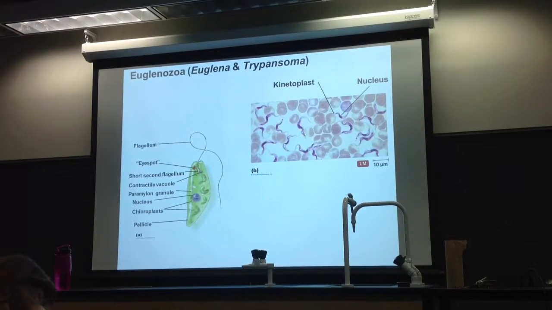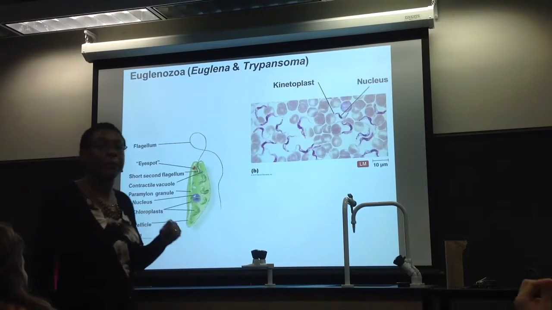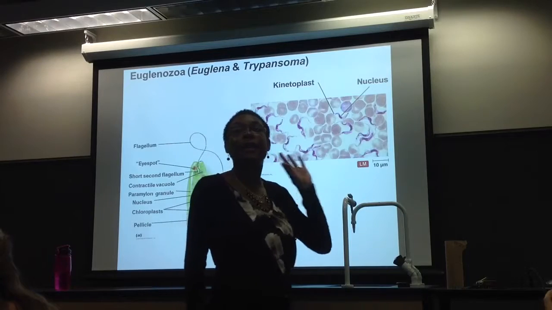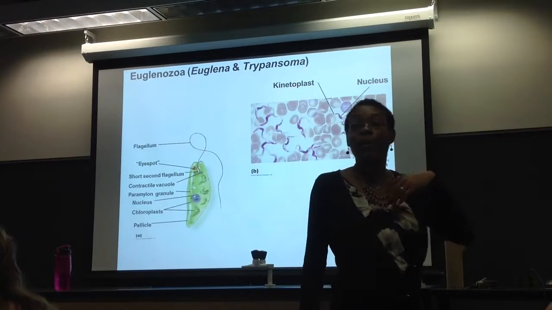Now, unlike algae, those are similarities in terms of why it's like an alga. Basically, it has chlorophyll, which means it can do what again? Photosynthesis. That's where we stop. That's the only similarity Euglena has with algae. It's green. Now, here's the deal. This guy does not have a cell wall. All the other algae do.